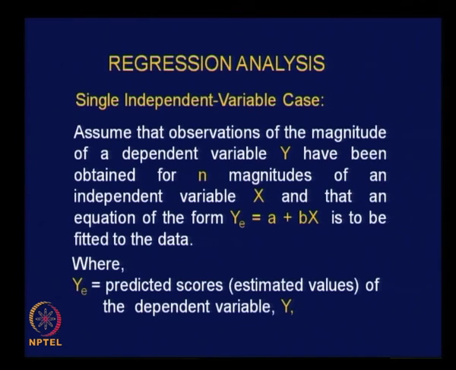Why estimated value of y? This is because you will not be able to exactly estimate the value of the dependent variable using the regression analysis. There will be some deviation. That is why we give the suffix e for y in the equation. It is always the estimated value of y.